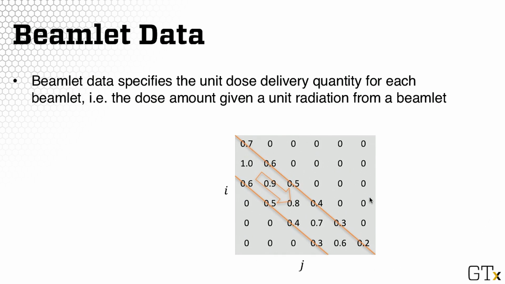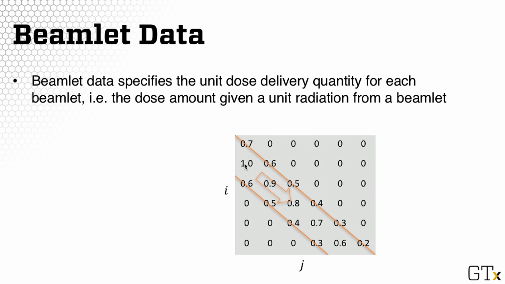This is a matrix that represents the x and y's of the pixels in the discretized region. And if the beamlet is coming in this direction, that angle is fixed. So this direction is known, and once the beamlet comes in this direction, the radiation dose will also be determined beforehand. This is the unit amount of dose.